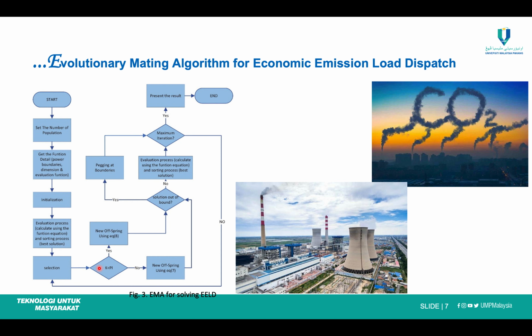Basically, these two parameters distinguish between the exploitation and exploration processes. If a solution is out of bounds, it will be pegged at the boundaries. Then we evaluate and obtain the minimum cost as well as the minimum emission. This process will run until the maximum iteration is achieved. So our aim is to minimize the cost of generation as well as the emission of the generation when the power output is generated.